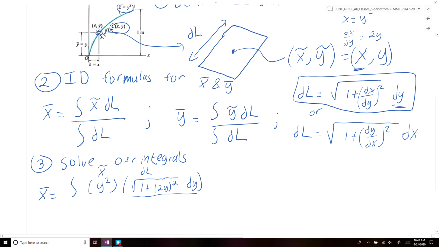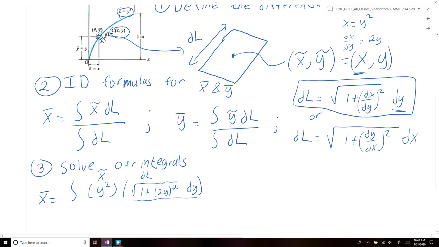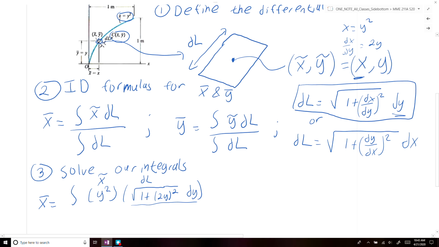The only thing left is the bounds of our integral. The bounds will go from the bottom bound in y to the upper bound in y. For this parabola, we go from y equal to 0 to y equal to 1 meter.